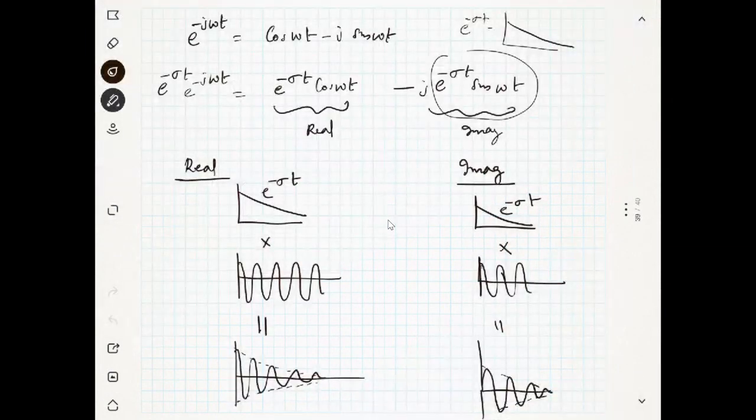So you can see in the previous slide, this part is showing only the amplitude. And where is the frequency? The frequency is in the sine or cosine wave, right?